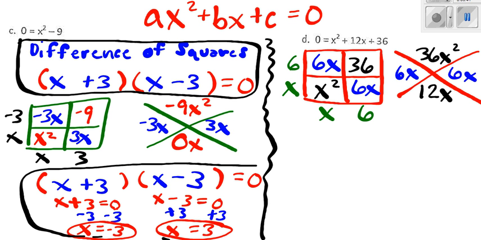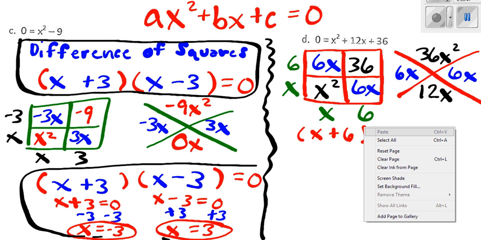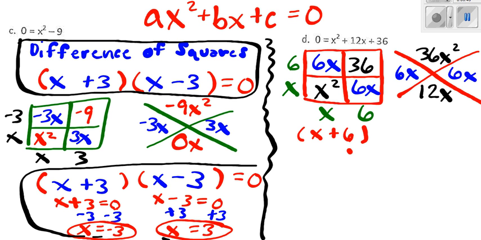Okay. So now we have our factors as x plus 6 times x plus 6 equals 0.